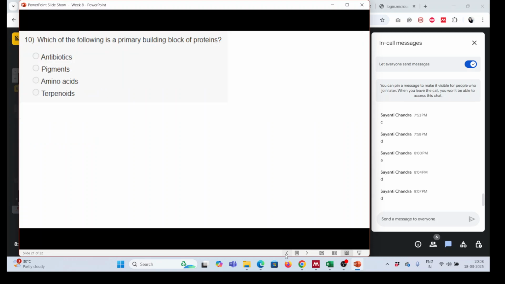The last question of the session is, which of the following is a primary building block of protein?